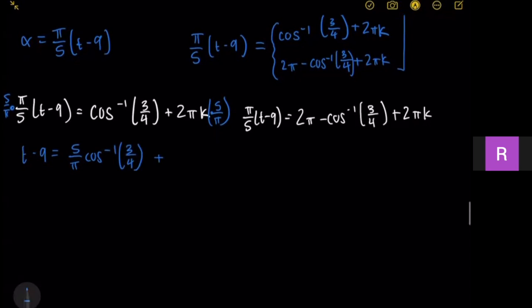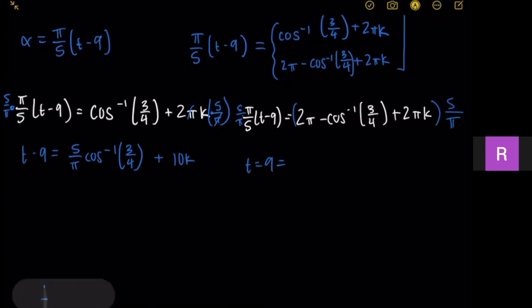Plus, and then these pi's are going to cancel, right? We're going to have 10k. And then here, we're going to do the same thing. We're going to multiply both sides by 5 over pi. Oh, sorry, let me do this part first. We're going to have 5 over pi times 2 pi, which is going to give us 10.